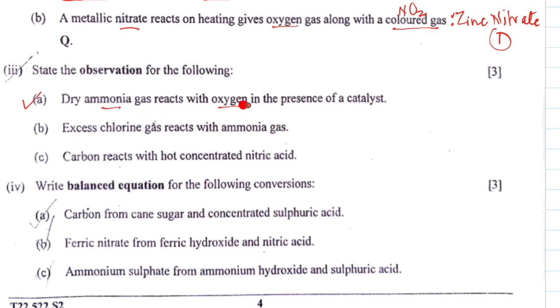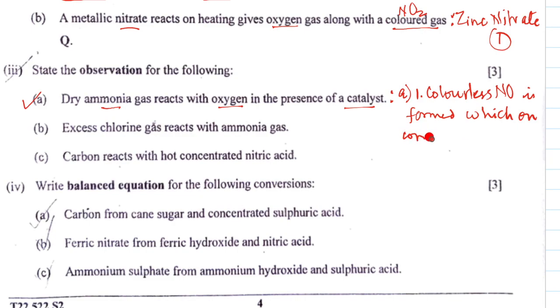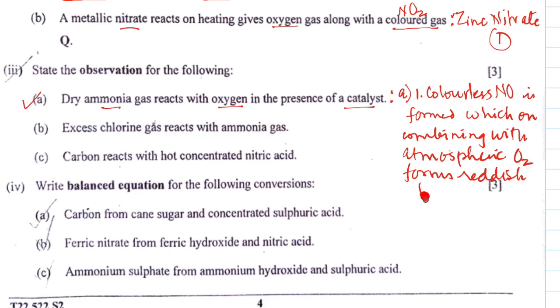So ammonia with oxygen in presence of platinum at 700 to 800 degrees C. Now here your first observation is going to be colorless nitric oxide is formed, which on combining with atmospheric oxygen forms reddish brown NO2 gas.